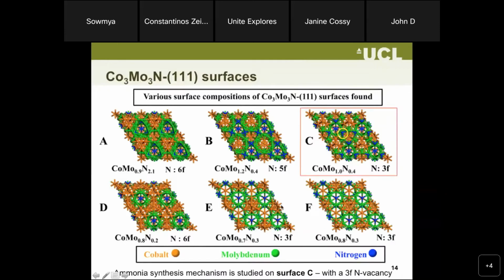We made some calculations, and we found that surface C can have the highest density of these nitrogen vacancies. It has these 3-fold nitrogens. You can see that the nitrogen is quite dense on the surface of this material, and the barrier for its removal was not that big.